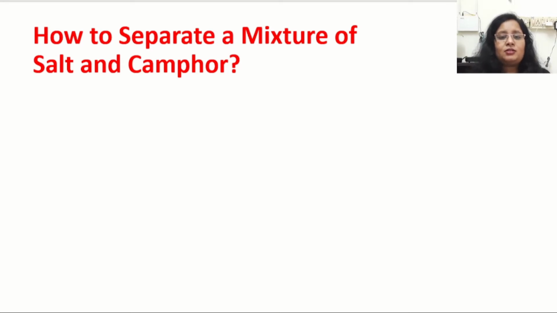So such things which are volatile are called sublime materials, and for these kind of materials we will use the sublimation method to separate.